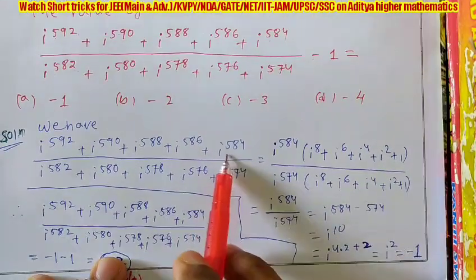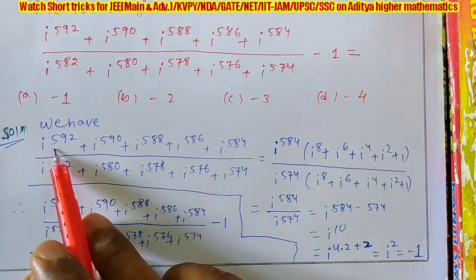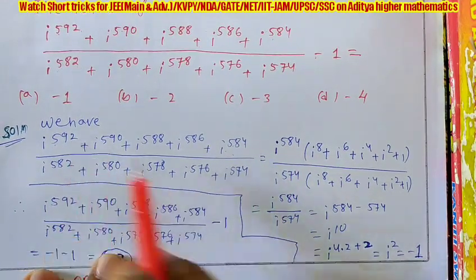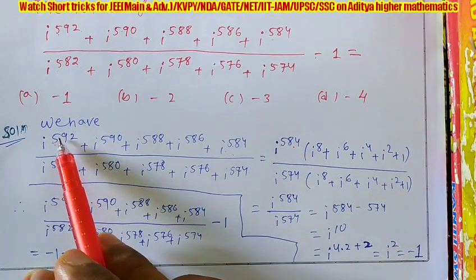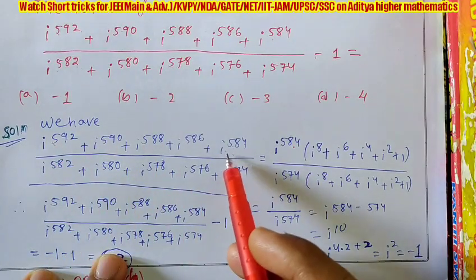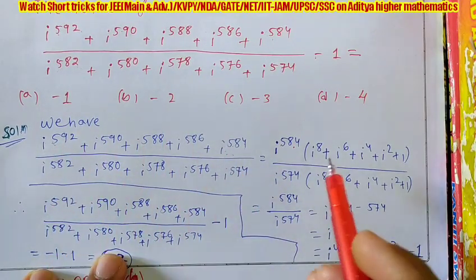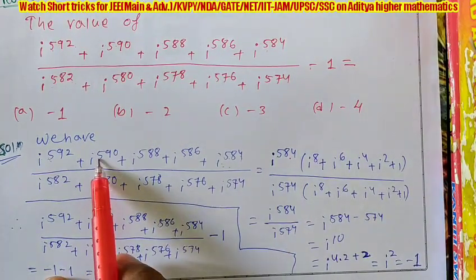So here lowest is 584, so I am taking it common. But it was 592. When we are taking 584 common, you have to subtract 584 from 592, because when you take common, you have to write what remains. So it is i to the power 8. Then i to the power 590.